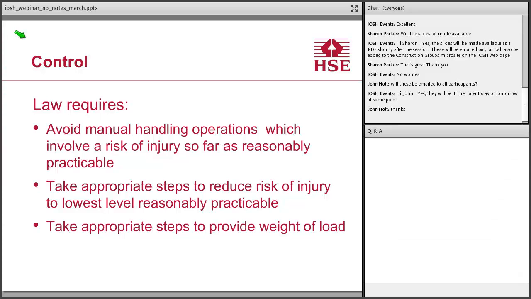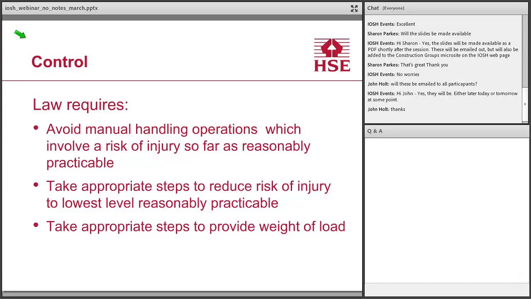So avoid or eliminate can be done by designing things out or making things so heavy that mechanical lifting has to be used. And also think about, if you are going to use mechanical lifting, there needs to be space for those mechanical aids to be used.